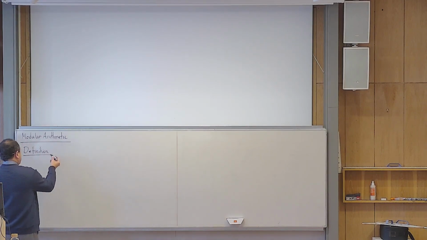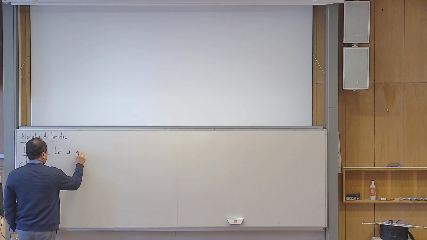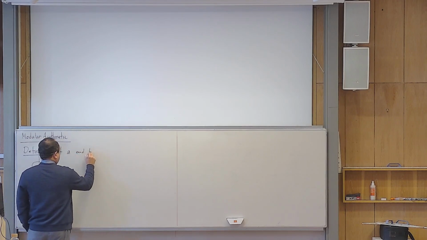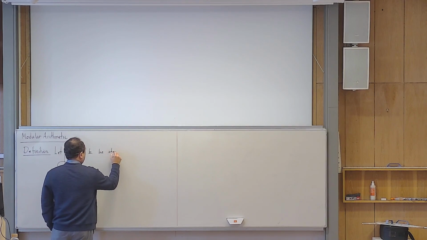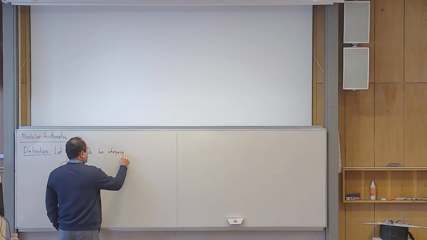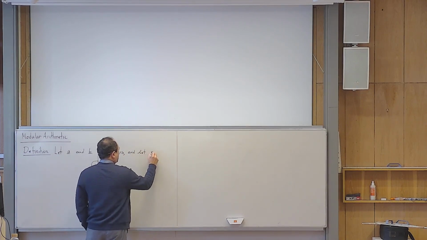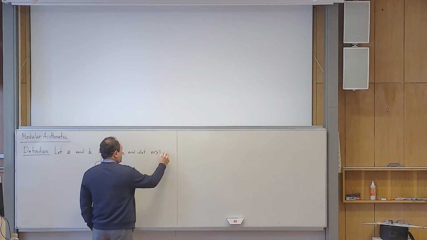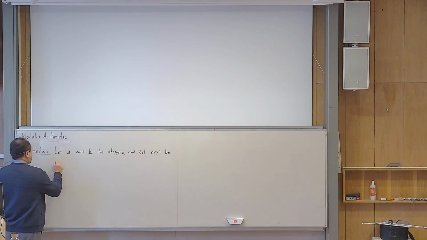So I would say, let A and B be integers, and let m greater than 1 be a natural number. A natural number.